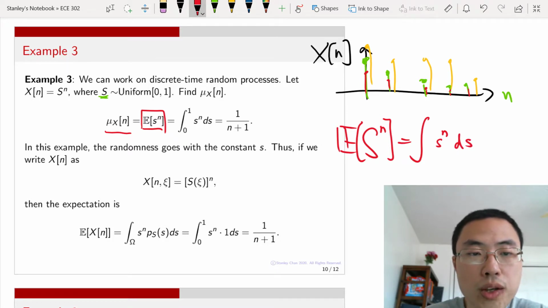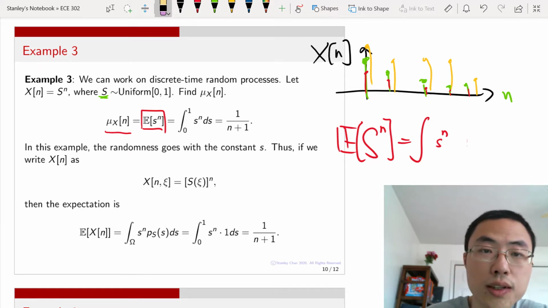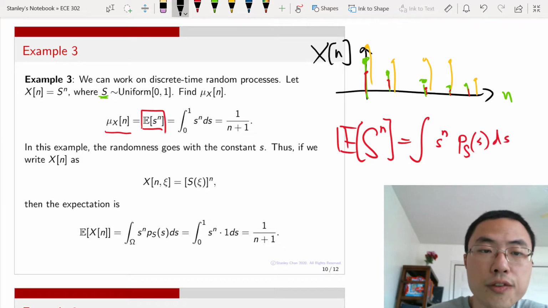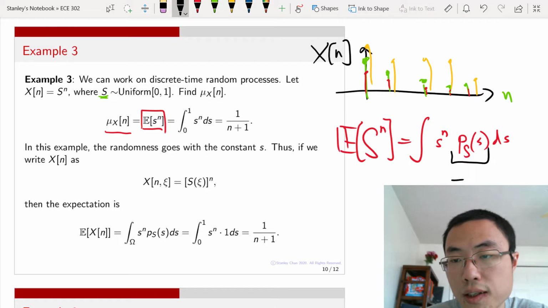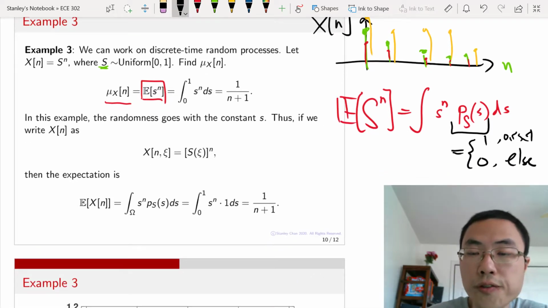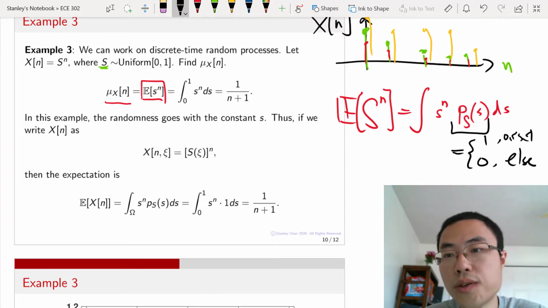And so what is the range of s? Well, to be more formal, you need to put down the PDF of s, which is p_s of s ds. And then this PDF of s is 1 where s is between 0 and 1, and 0 else. And so this is the definition of this expectation of this function s to the power n.